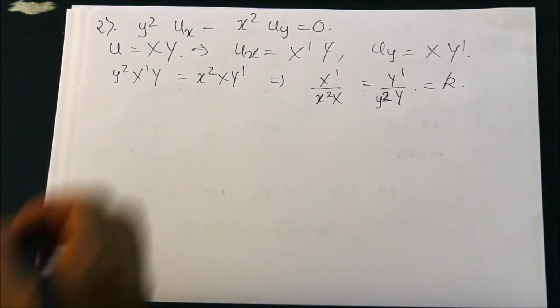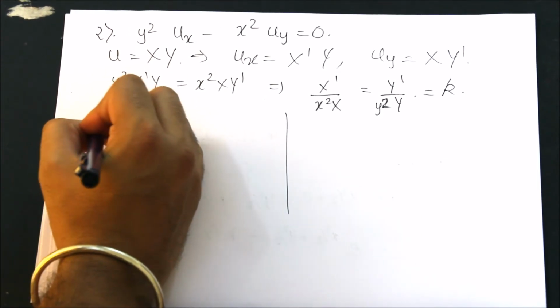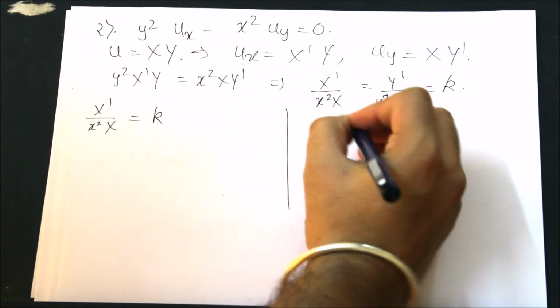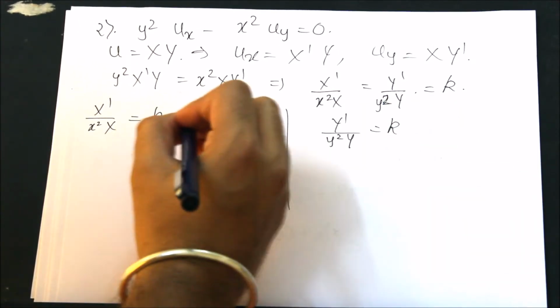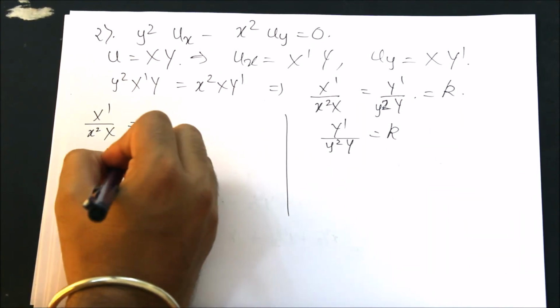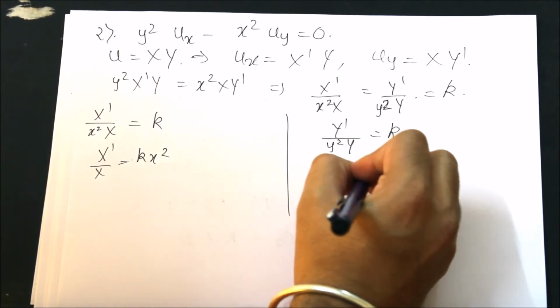So again, if you solve one by one, what do I have? I have X' upon x² X equal to k, and Y' upon y² Y equal to k. So what does this imply? Your X' upon X equals kx², your Y' upon Y equals ky².